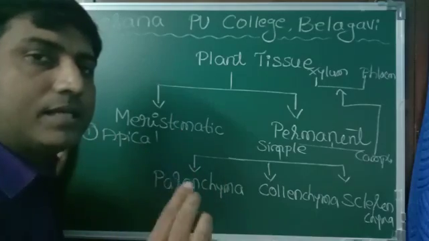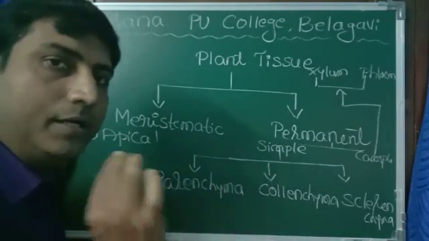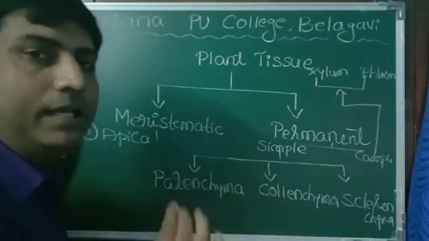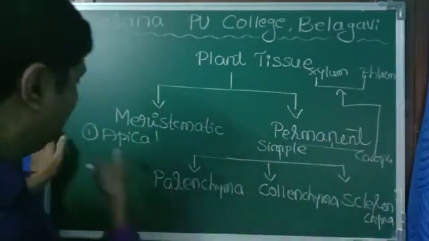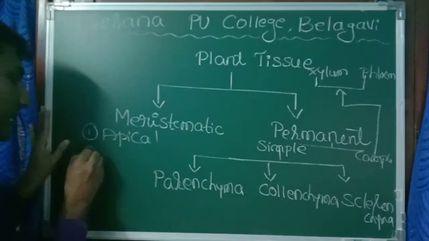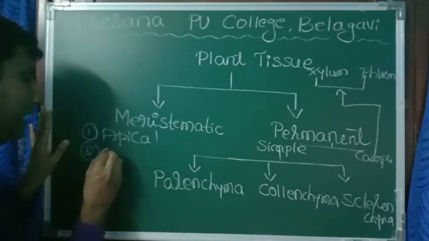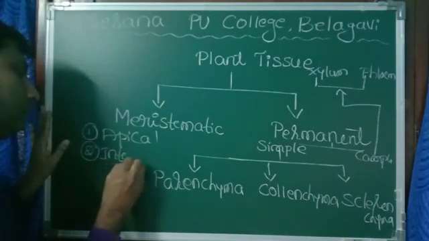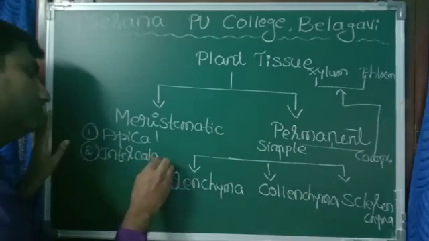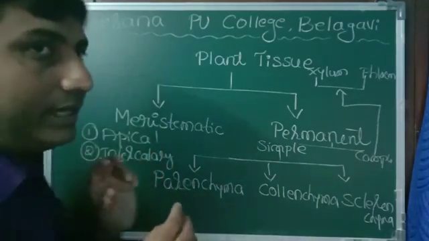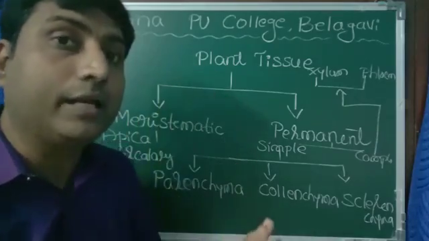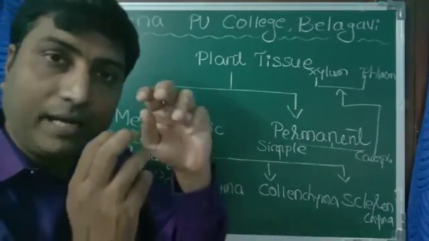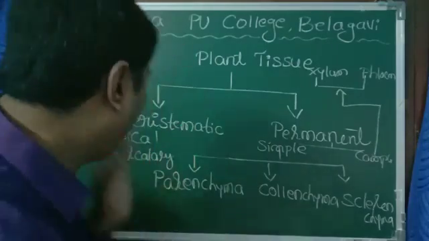These tissues are present at the tip of the root, tip of the stem, tip of the leaf, so that tip always grows because the cells divide. Second one, intercalary. They are present at the nodal and internodal region, which is responsible for elongation of the plant body.